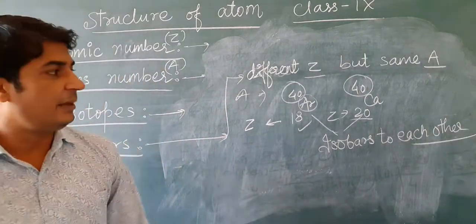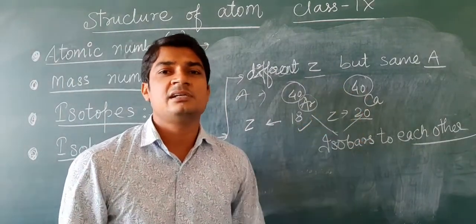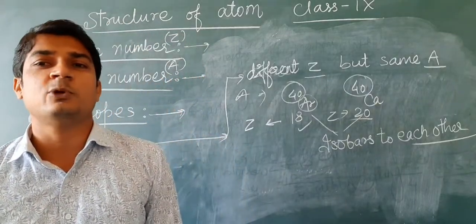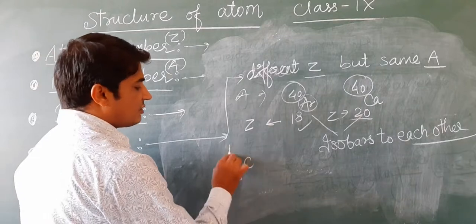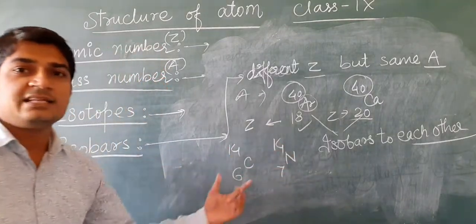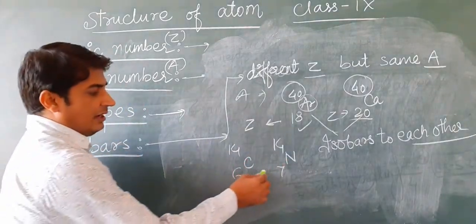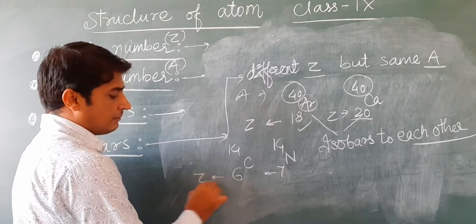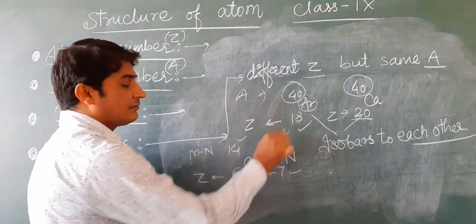Atomic number is different but mass number is same. Such atoms, what do we call them? Let me give you one more example, C614 and 7N14. These are the atoms of two different elements, carbon and nitrogen. Atomic number is different for both, but the mass number is similar.